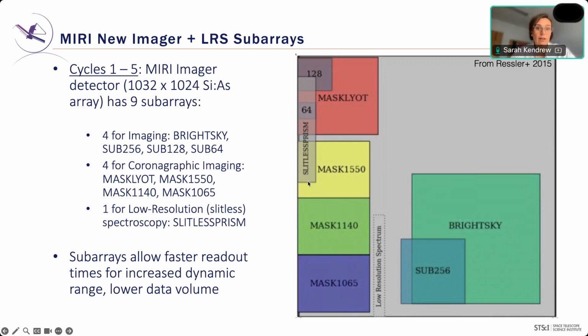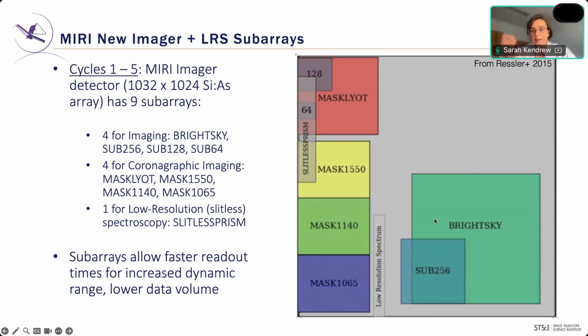We have several more subarrays for imaging. So bright sky, sub 256, sub 128, and sub 64 up there in the top. And then we have a set of dedicated coronagraphic subarrays. Each of these mask subarrays is tailored to a particular mode for our coronagraphic imaging.